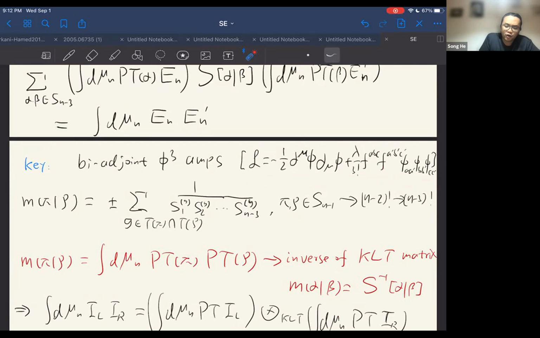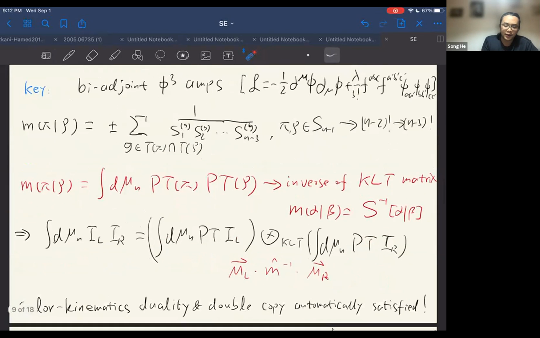And these are essentially the simplest theory you can imagine in D dimensions, where if you strip off the color factors, you just get what we call the double partial amplitudes, which are given by some combination of cubic diagrams, just scalar cubic diagrams. Okay, and these form a matrix of (n-1)! orderings, but you know the rank of the matrix is only (n-3)! because they satisfy the KK and BCJ relations.